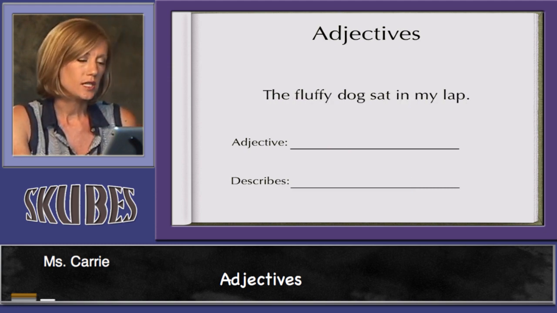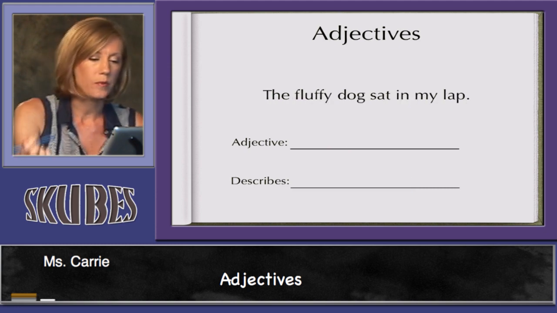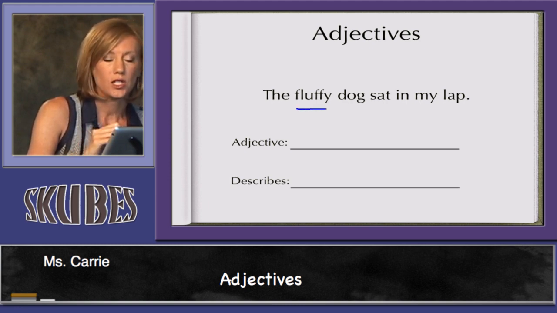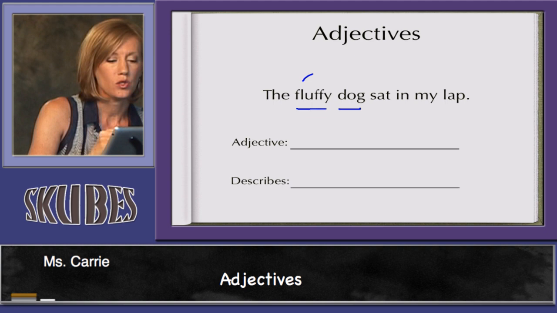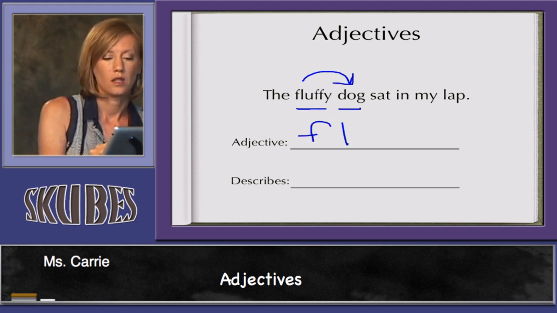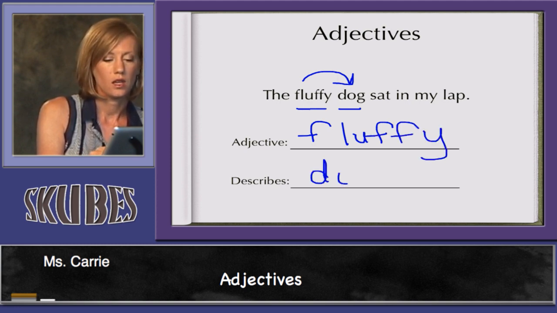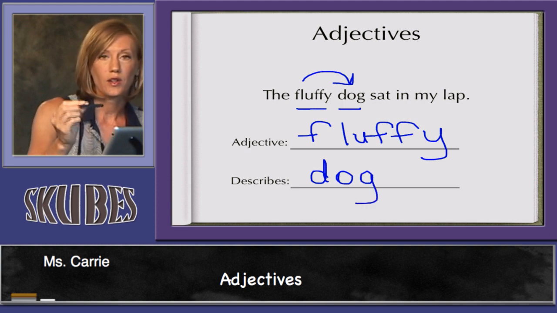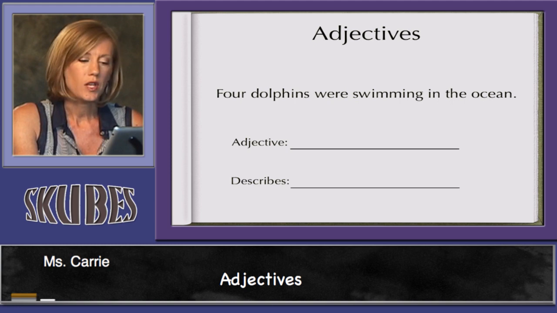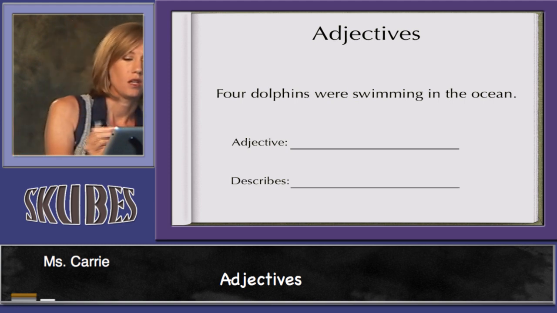Our sentence here says, the fluffy dog sat in my lap. The fluffy would be the adjective that describes the dog. So fluffy is our adjective, what the dog feels like. And our noun is dog. Let's look at one more sentence. Four dolphins were swimming in the ocean.